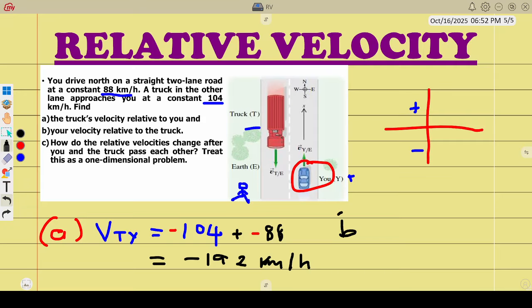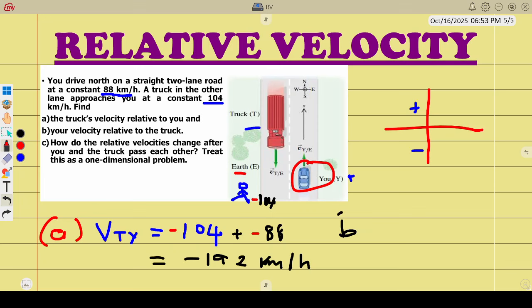And then I wanted to explain this one. For a person who is just on the ground on earth, when they are looking at the truck, the relative velocity for this person will just be negative 104. The velocity is just 104, but since it is going in the negative y-axis, you put negative 104.